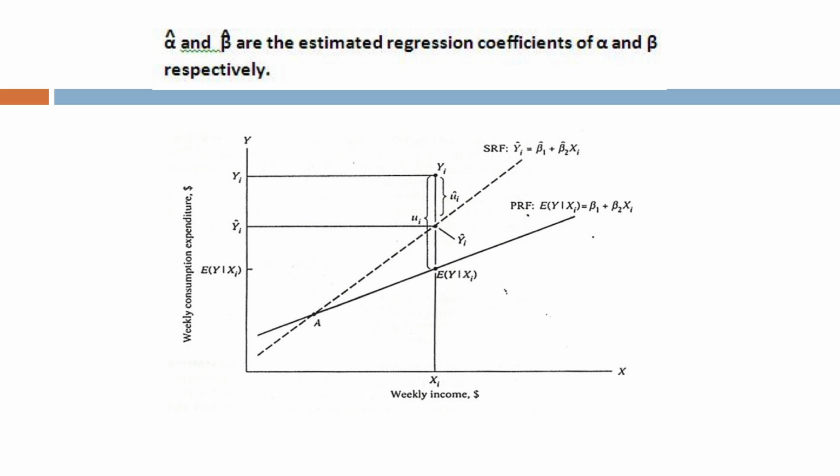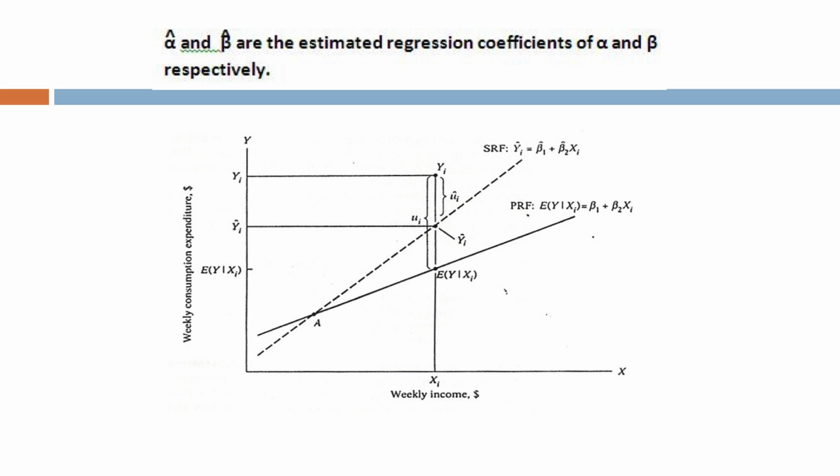The x and y axes are given, and the thick line is the PRF, or conditional expectation of y given x_i, that is equal to alpha plus beta x_i. The SRF is denoted as y_i hat is equal to alpha hat plus beta hat x_i. The error terms are also marked.